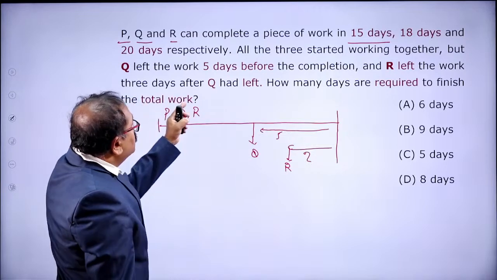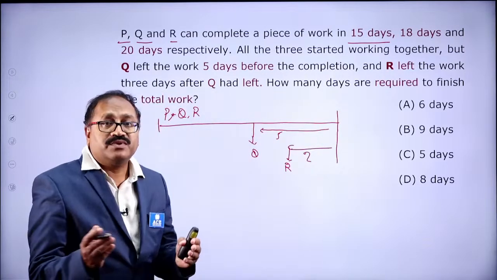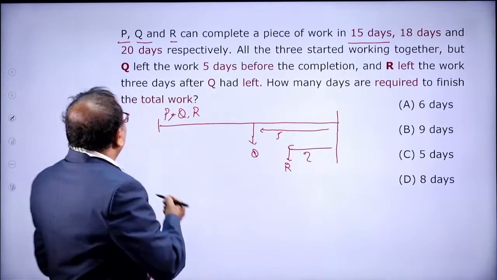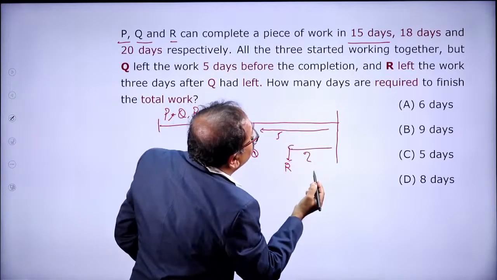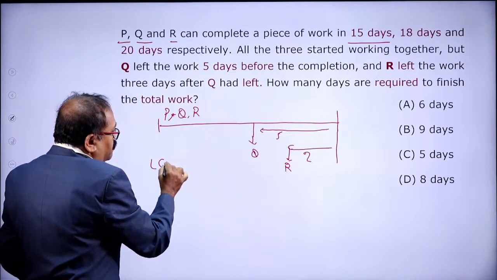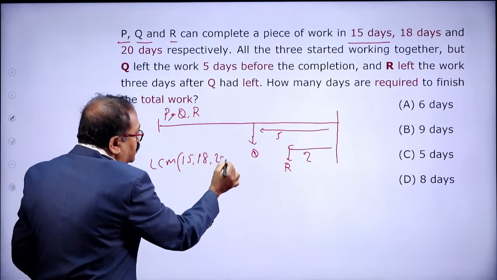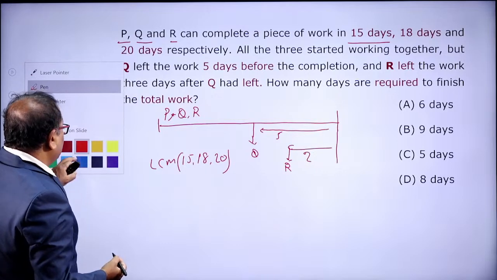The question is how many days are required to finish the work? The very first thing we will do is find the LCM of these numbers. Let me take the LCM as rough work. I need to take the LCM of 15, 18 and 20. How do we find the LCM here?